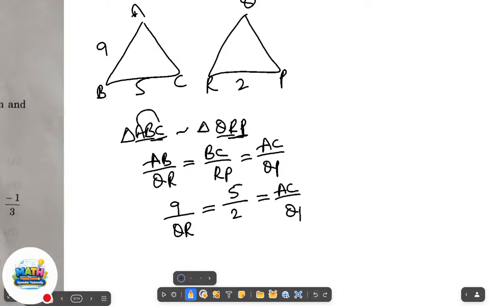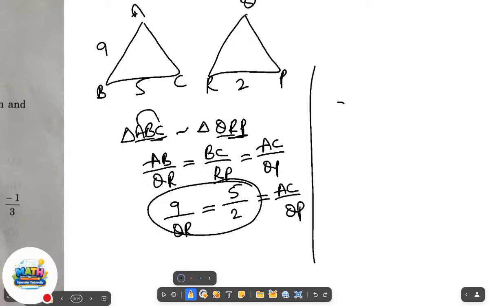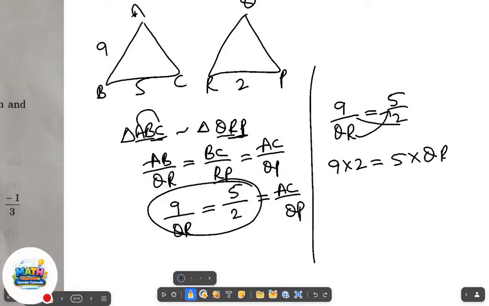So to find this QR value, let's take the first two only, right? So what is that? 9 by QR is equal to 5 by 2. So send QR to the right side, bring 2 to the left side. What it becomes? 9 into 2 is equal to 5 into QR. So bring this 5 to the left side. What happens? 9 into 2 is 18. 18 by 5 is equal to QR.